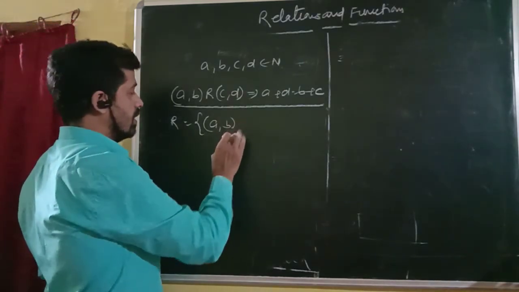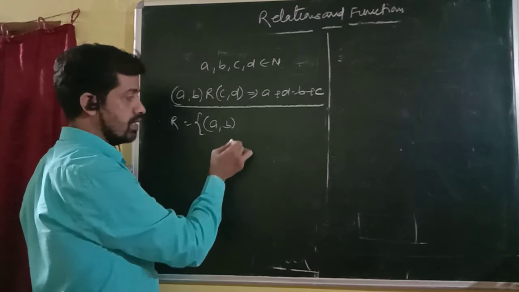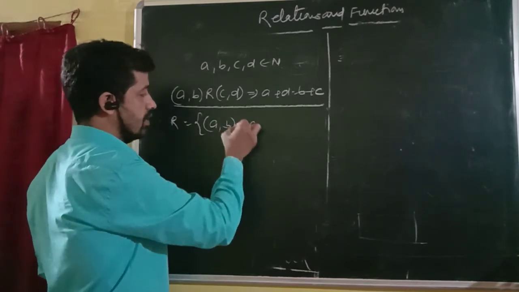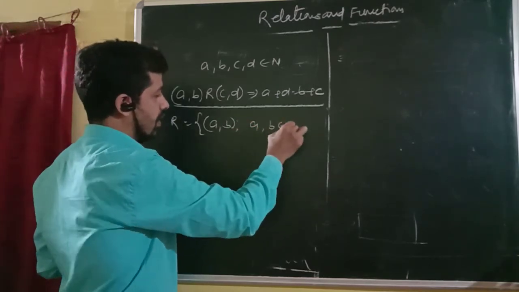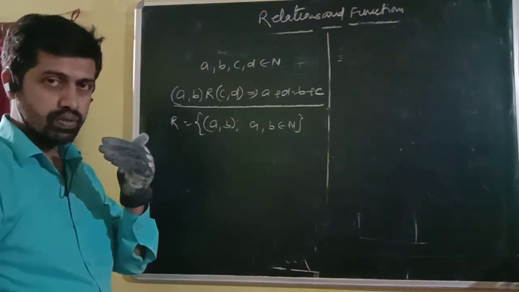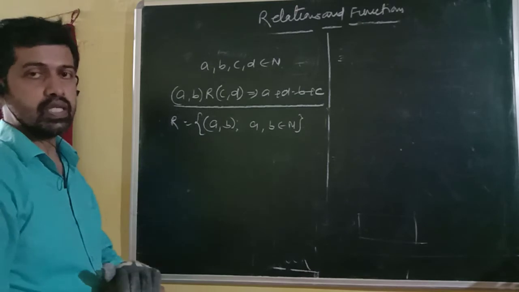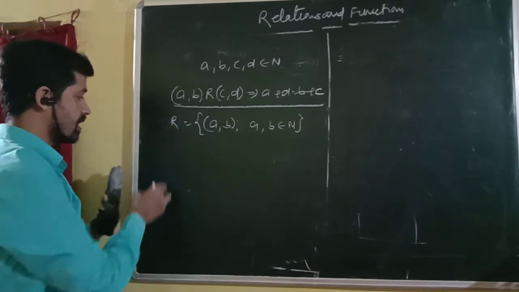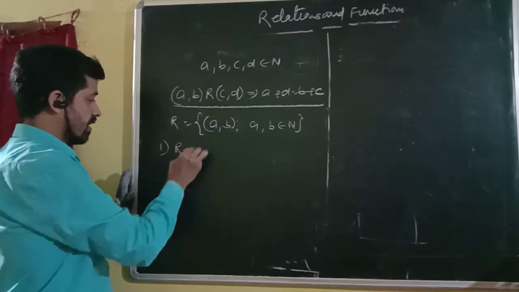So R is containing ordered pairs of this kind, and A and B are natural numbers, then we have to check whether this relation is an equivalence relation or not. Let us start with the first one, reflexive.